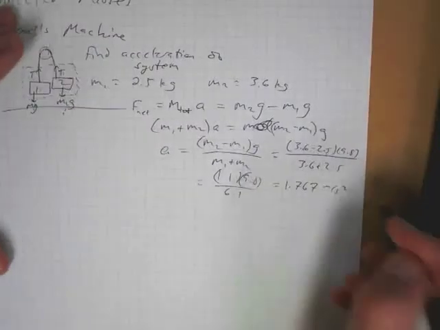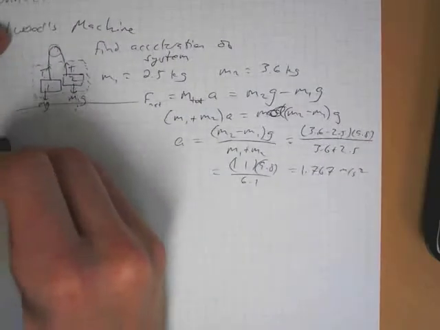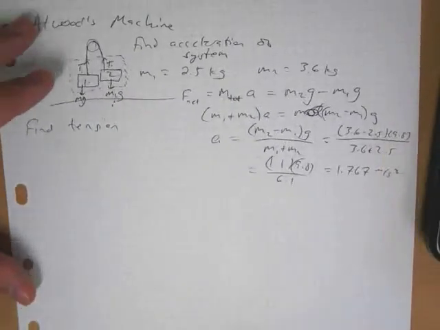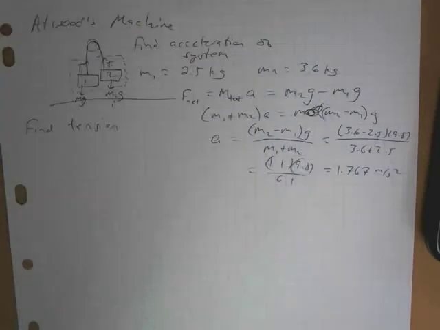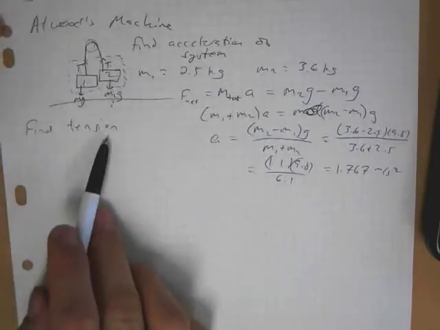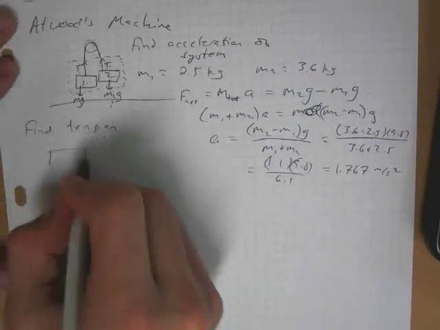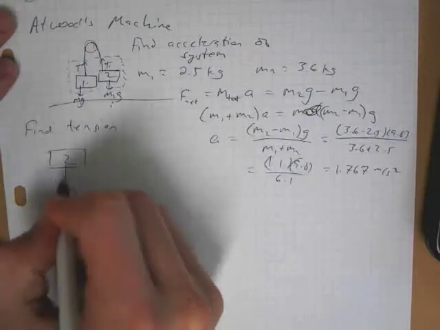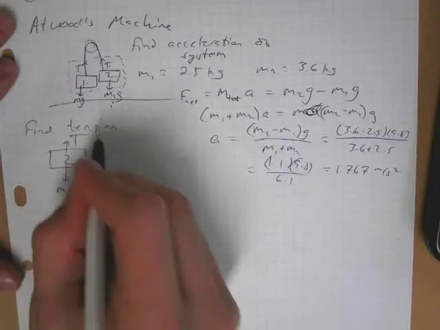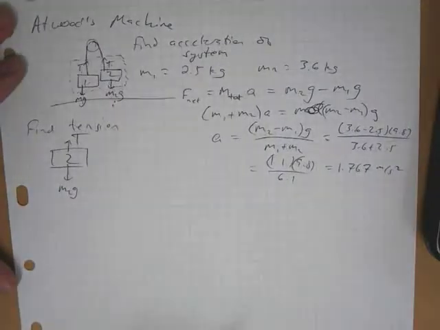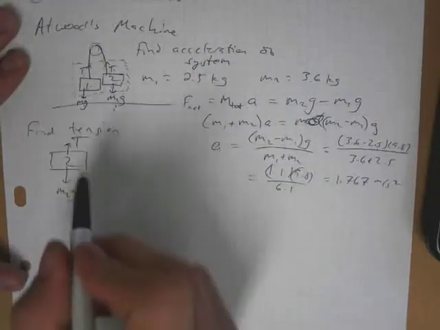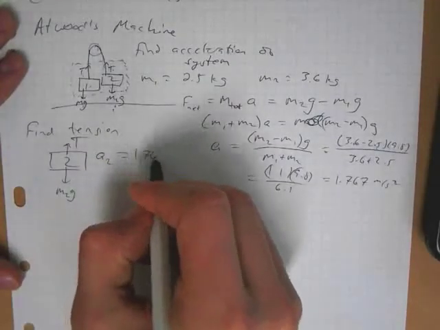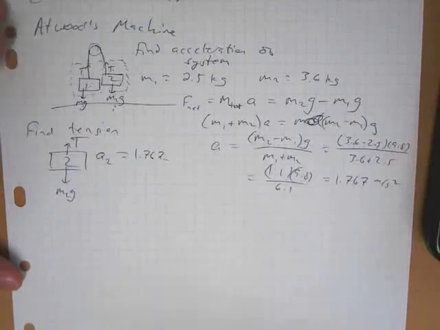Now say I wanted to find the tension in the rope. We know what the system is accelerating at, and so now we consider one object individually. Let's say block 2. On block 2, we know we have forces m2g and tension. And we know also that the acceleration of object 2 is the same as the acceleration of the whole system, 1.767, the same value that I stored.